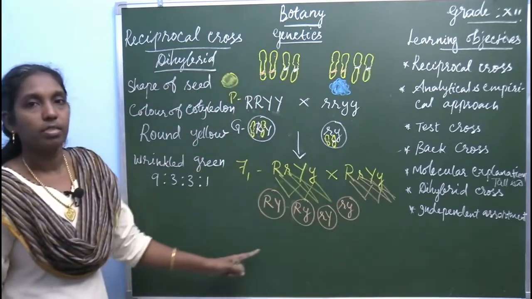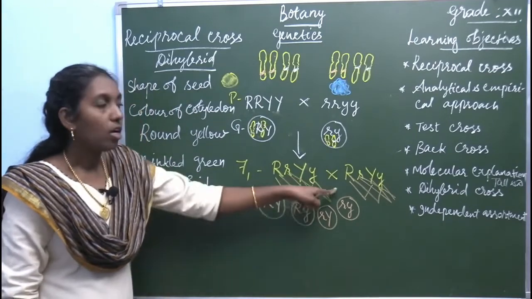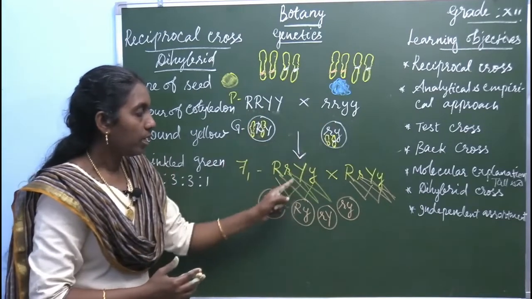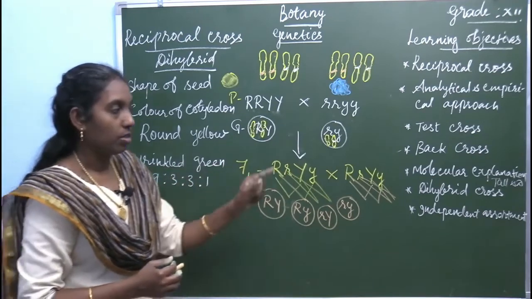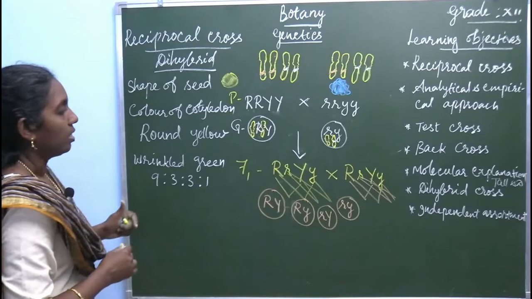So the genes assort independently. If all these characters are combined together, they assort independently, and this is called the law of independent assortment.